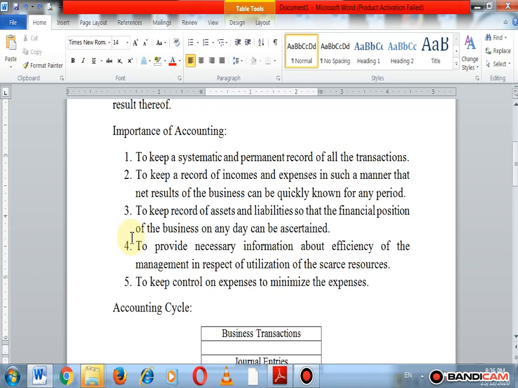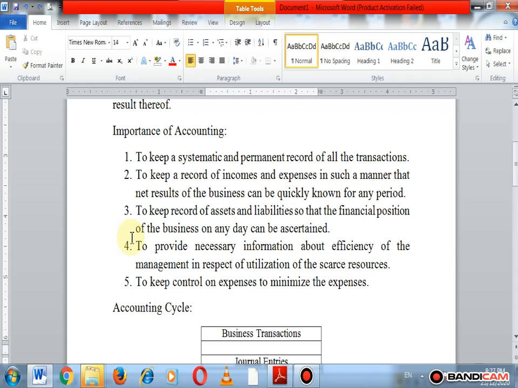Third is to record assets and liabilities so that the financial position of the business on any day can be ascertained. So accounting is beneficial to the business organization to know the assets and liabilities, and the financial position of the business on any day can be easily ascertained or measured.